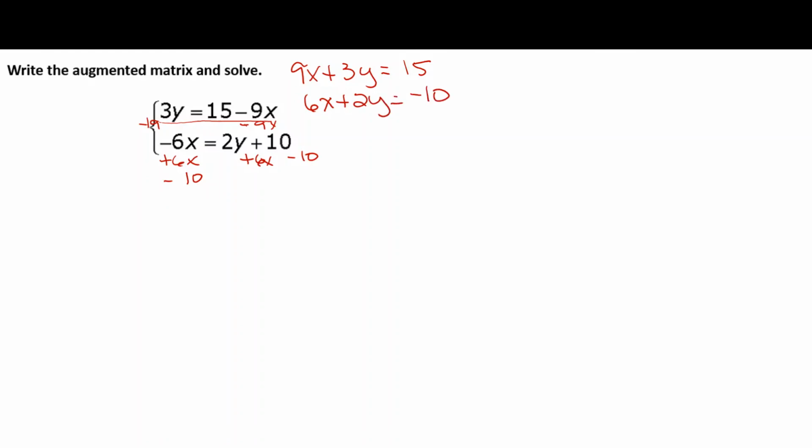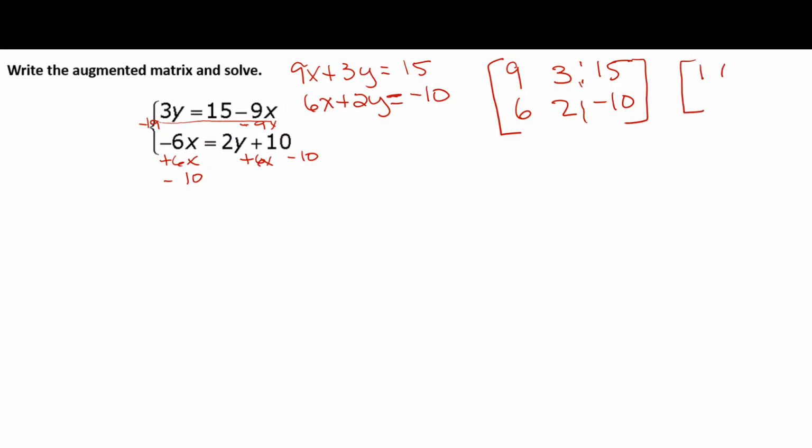Now you may not have come up with that number, and that's okay, because in the end we all get the same answer anyway. So to get our augmented matrix, then we're going to have 9, 3, 15, and 6, 2, negative 10.